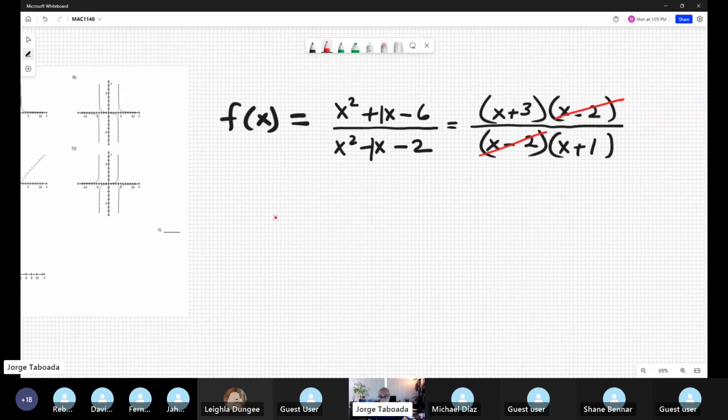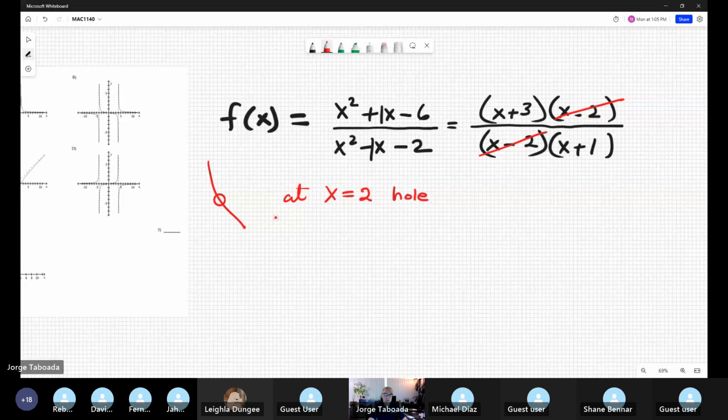Therefore, I understand very well that at x equal 2, we have a hole. And the representation for the hole looks like this: it's a curve, but you put a hole. The hole is empty, totally empty, right? Okay, however, stay alive.